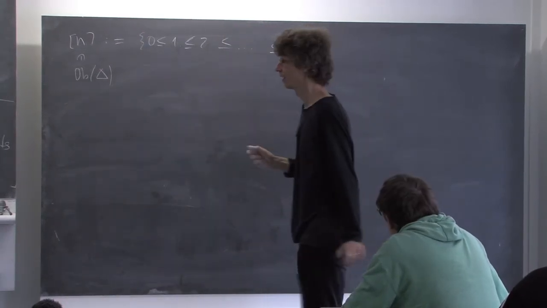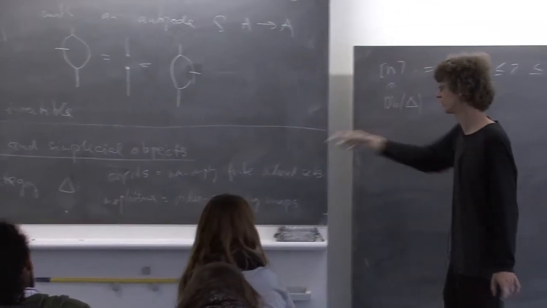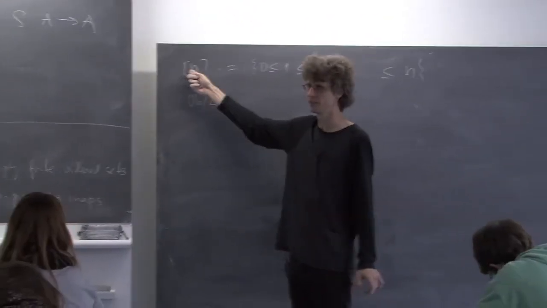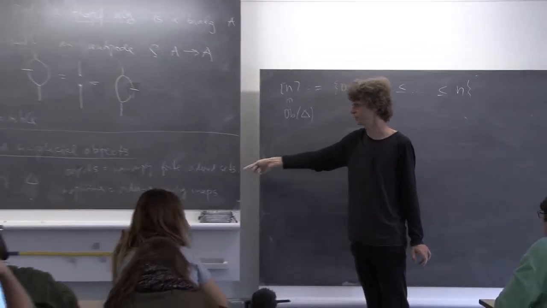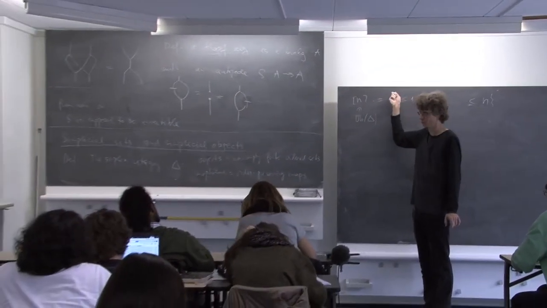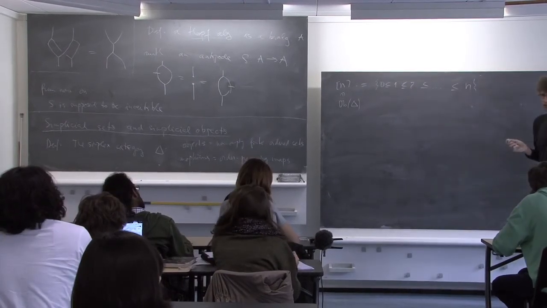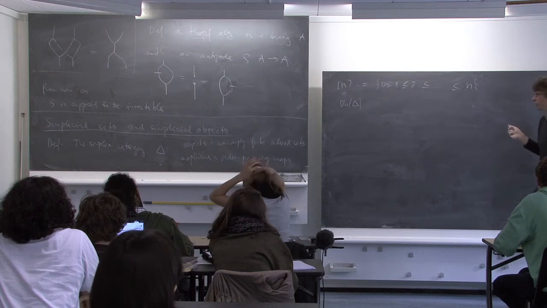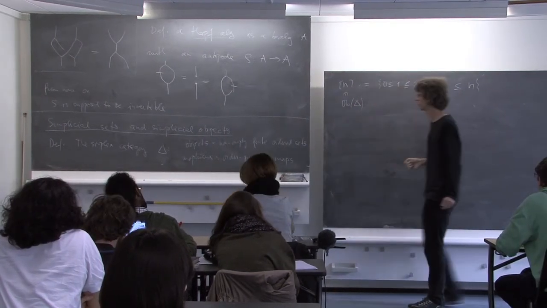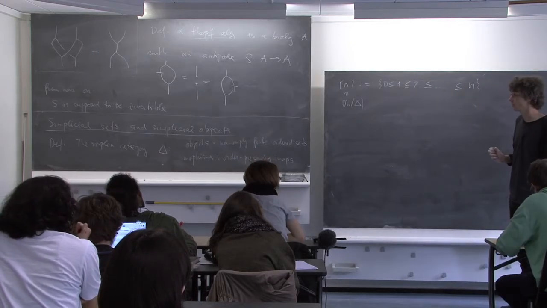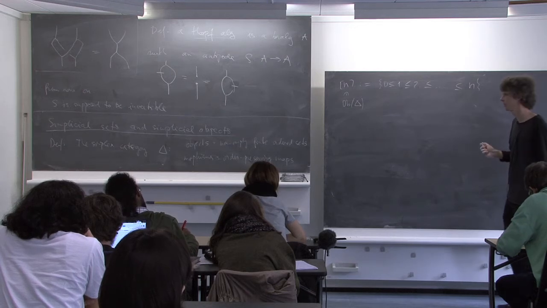And people mostly just declare that this category contains only these objects, but it's perfectly okay because every finite non-empty ordered set is isomorphic to one of those. So it's fine to use either definition, either to have just these objects or to have this huge amount of objects.